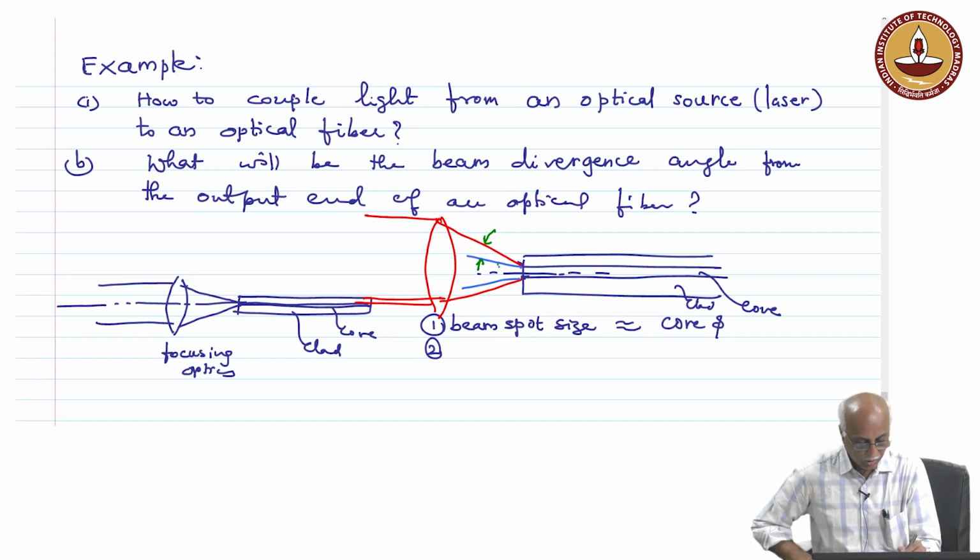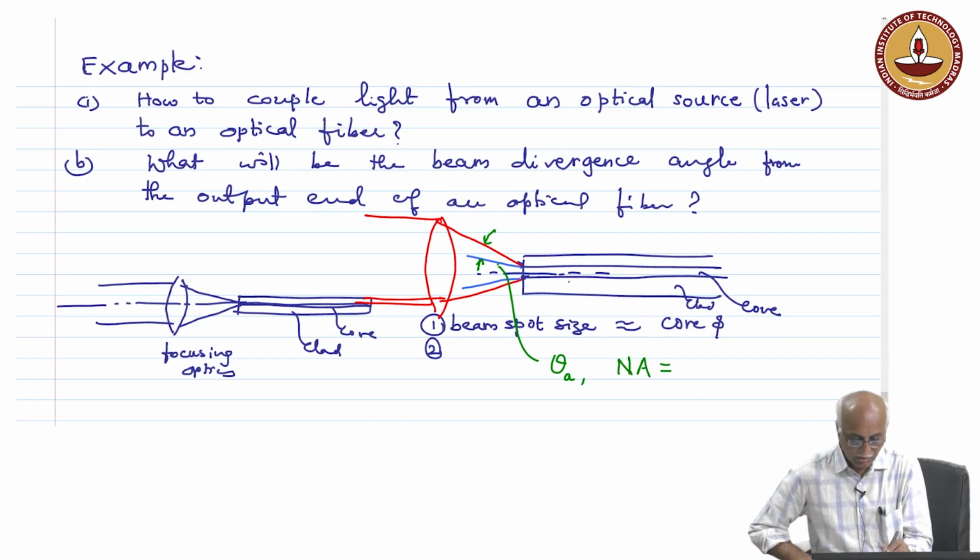The numerical aperture is decided based on the core refractive index and clad refractive index, correct?